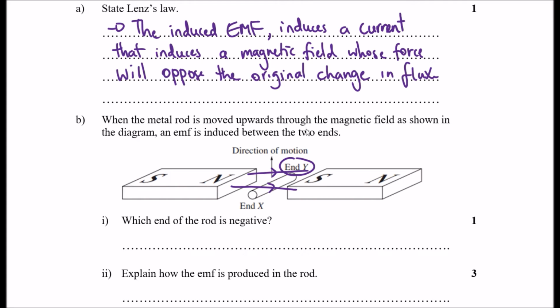Okay, so our conventional current, because that's what our thumb is, is saying the induced EMF is going in this particular direction here, that means that the X side is positive, the Y side is our negative end. So which end is negative? It's actually end Y, not X.